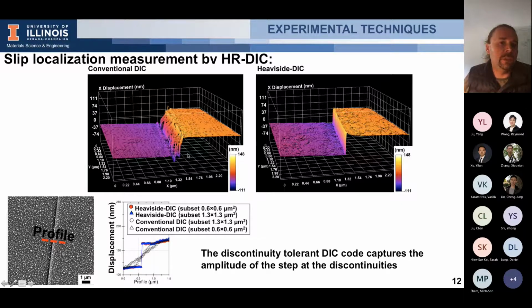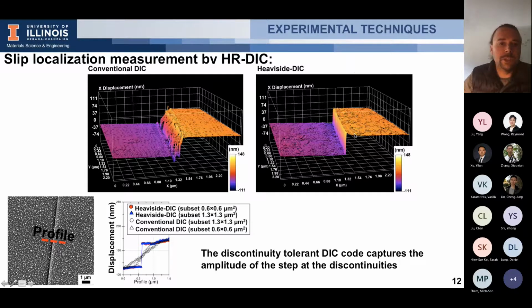With conventional DIC, of course, when you have a discontinuity in the displacement, you obtain a gradient, and it's very difficult to quantify the amplitude of the discontinuity. With the heaviside DIC, you really start to capture the amplitude of the discontinuity, and you also have a larger resolution that allows you to capture the displacement near the discontinuity.